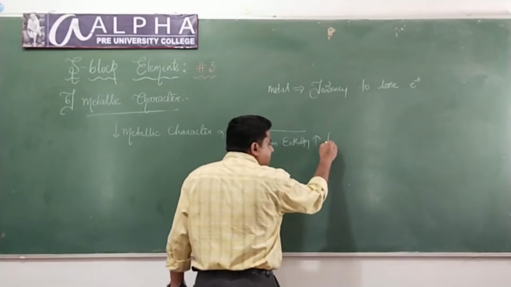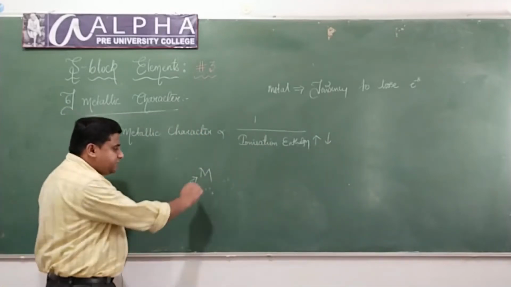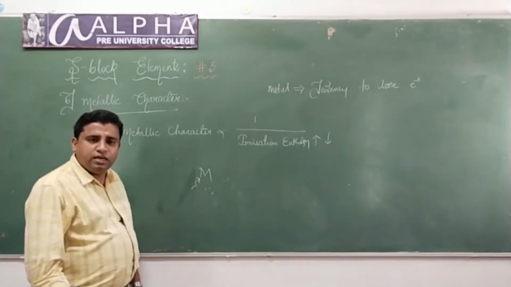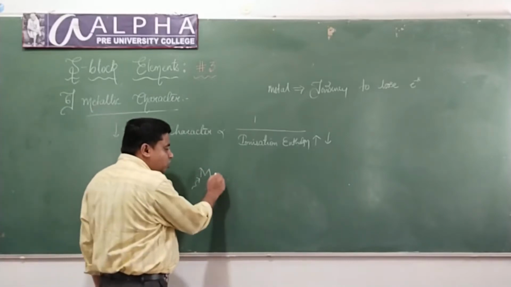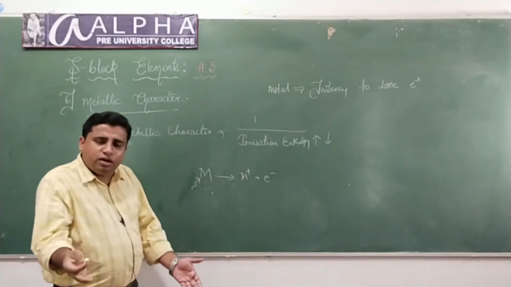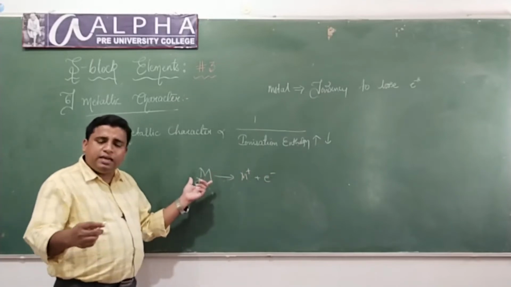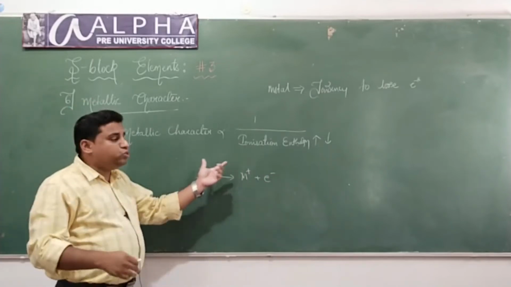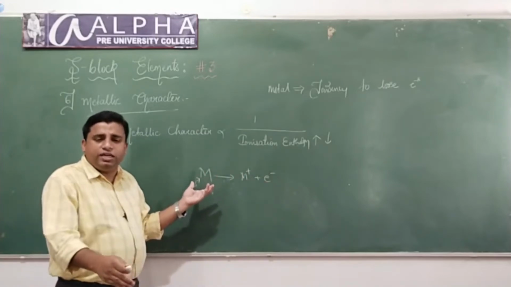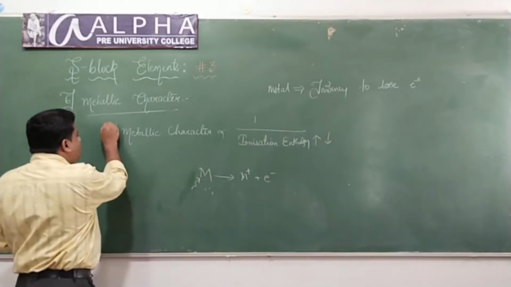Now, the lesser the ionization enthalpy, if you supply very less energy, that is sufficient for the metal to lose its outermost electron. That means this metal has more tendency to lose its electron, so it has more metallic character.